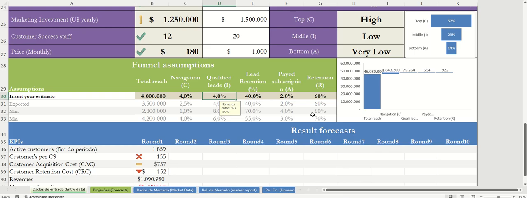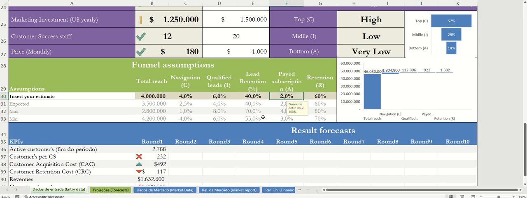The conversions of qualified leads, people that are going to use the premium version of your apps, or are going to ask for more information about your solutions. In this case, it's telling me that I should put a number between 6 and 8. Let's say I put here 6, okay?